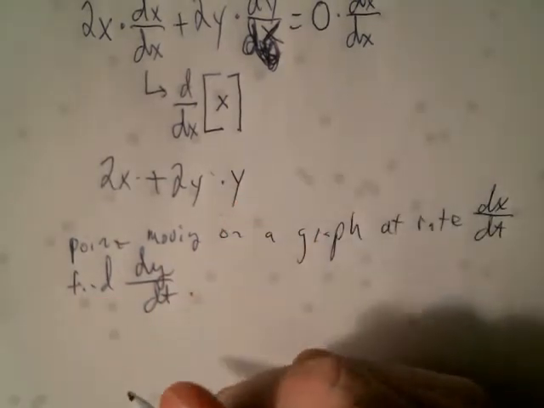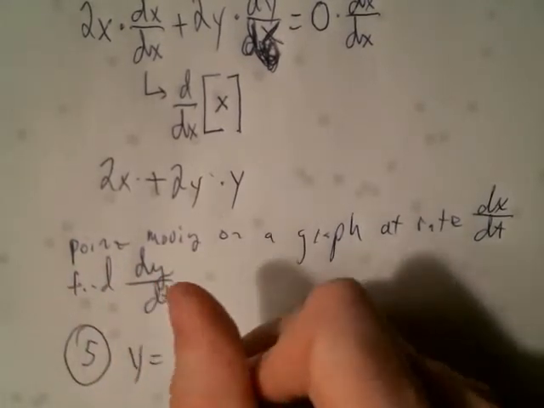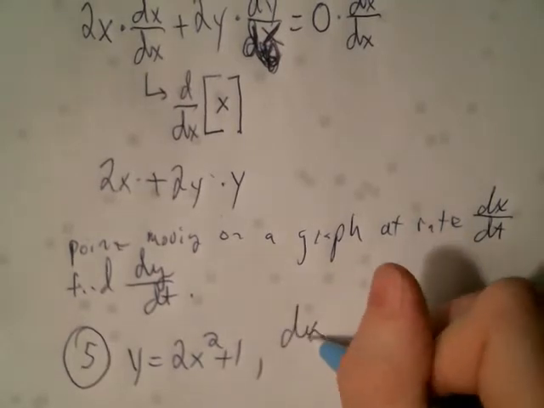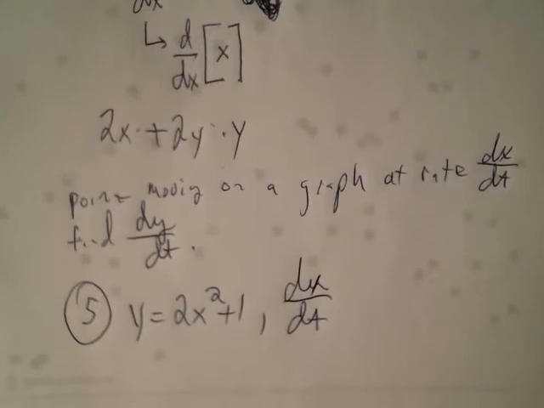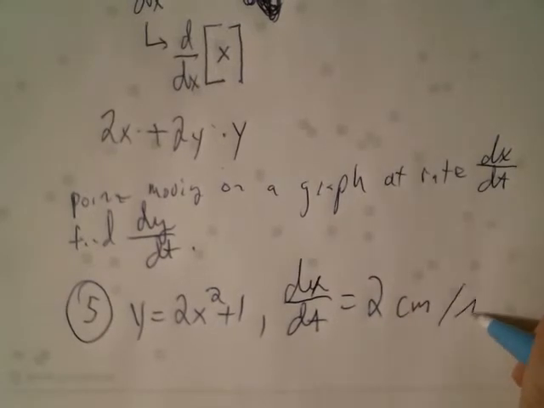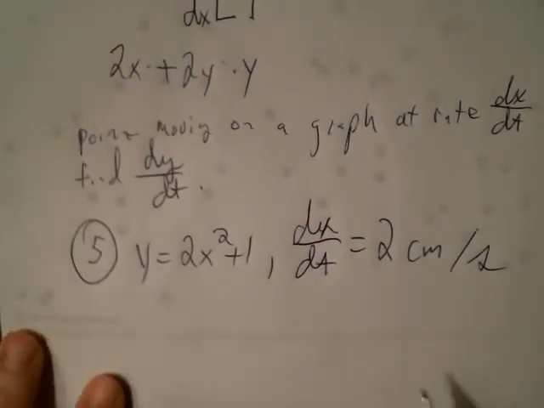Okay, so the trajectory of the point is given by this parabola. They tell you the rate of change of x with respect to dt is going to be 2 centimeters per second. Okay, so how do we solve this?